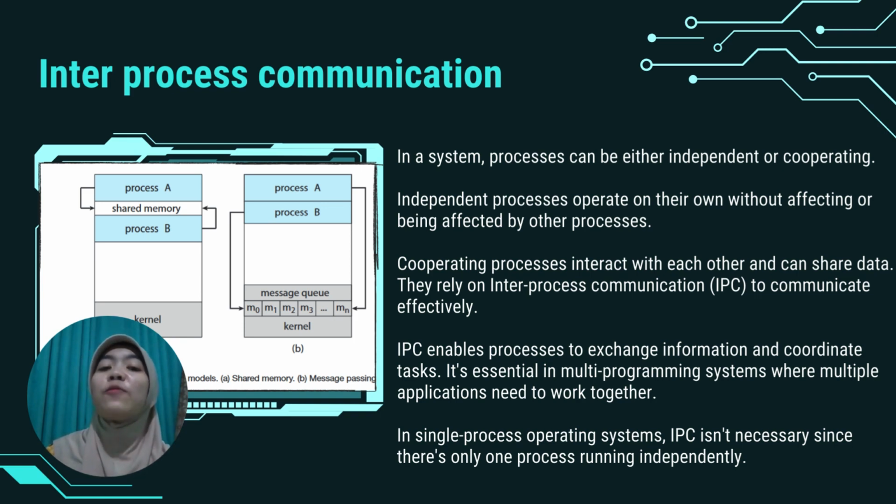An advantage of cooperative processes and IPC is information sharing. Cooperative processes can share data and information, enabling collaboration and complex computation. Speed: dividing tasks into multiple processes allows for parallel execution, speeding up overall performance.